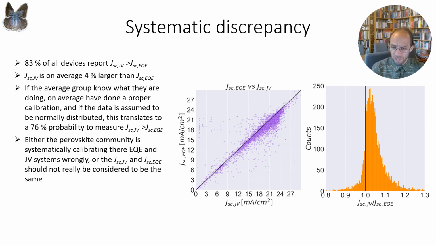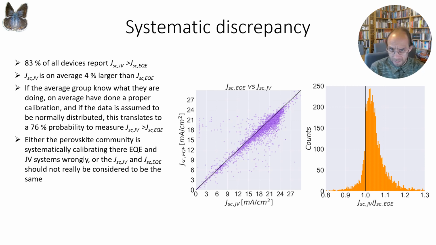And I would say that if the average research group knows what they are doing, and if they on average have succeeded in calibrating their equipment, and if you assume that errors are normally distributed, this translates to a 67% probability of measuring the short circuit current to be larger than the integrated EQE spectra, if everything is like it should be.